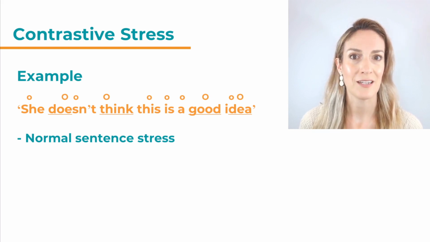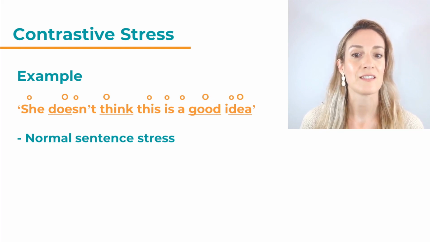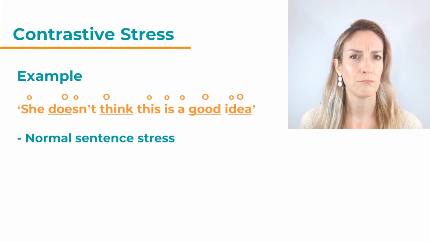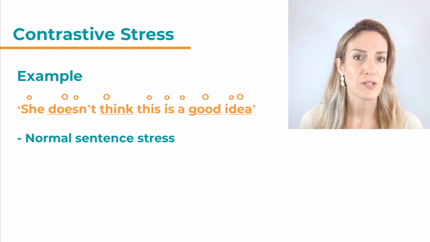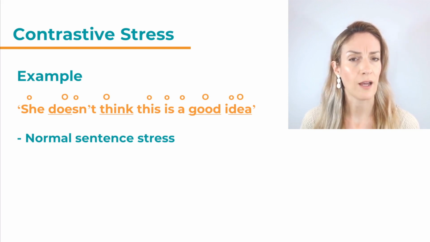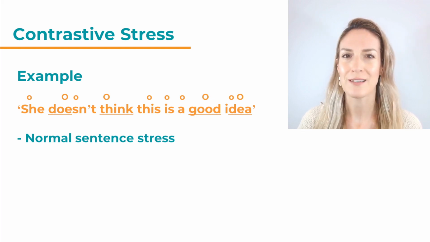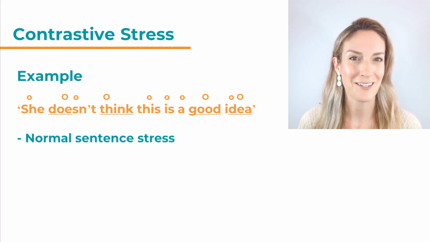And obviously there's more than one in this sentence here. So she doesn't think this is a good idea. Remember, in neutral, just when we say the sentence normally, usually content words are stressed and idea probably has the main stress. This is all about tonic stress and we talk about this in another video.